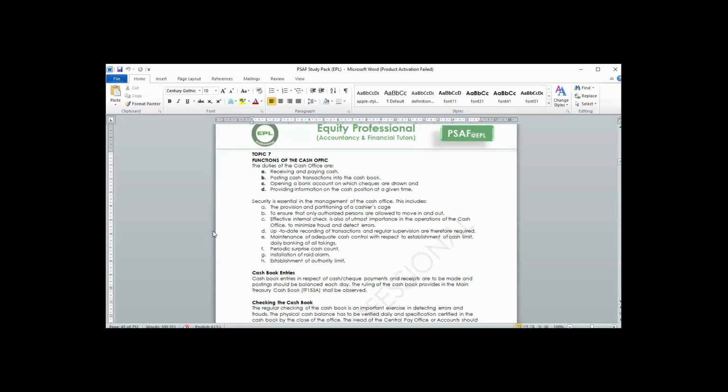What are the reasons that can bring about the differences? 1, unpresented check. 2, uncredited check. 3, we have credit transfer. 4, we have direct debit. 5, bank charges and commission. 6, dishonored check. 7, standing order.